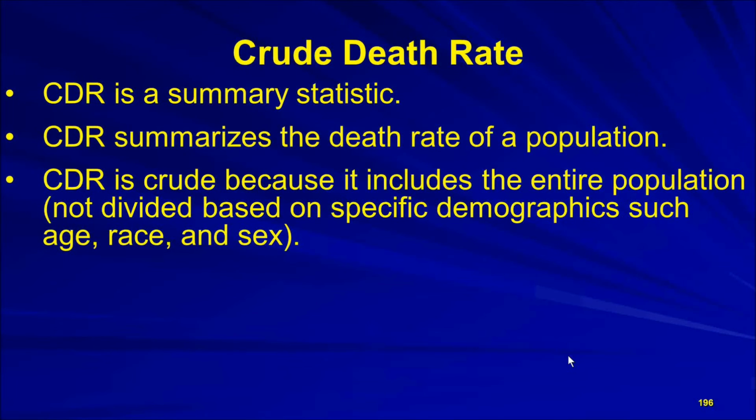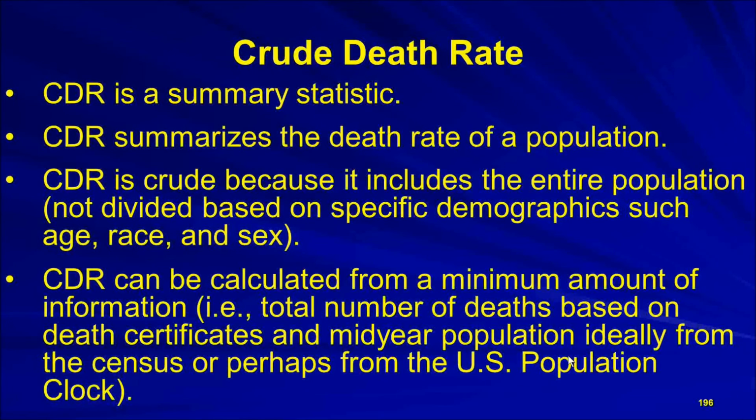So the numerator and the denominator are related. And eventually I'm going to show you other formulas to help make crude rates specific rates, and we're going to show you about 18 of those.